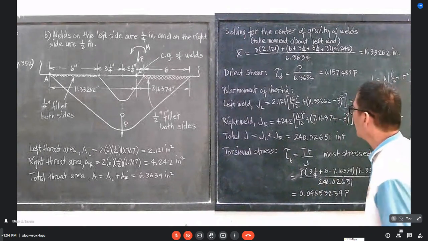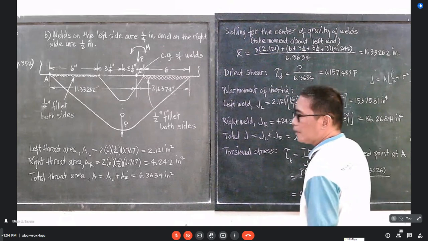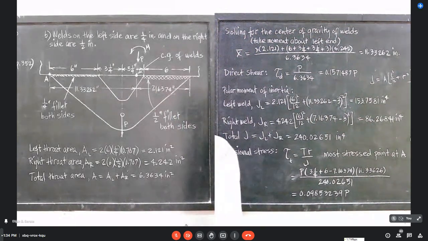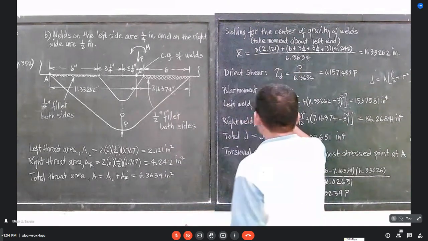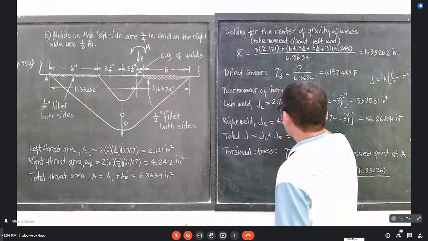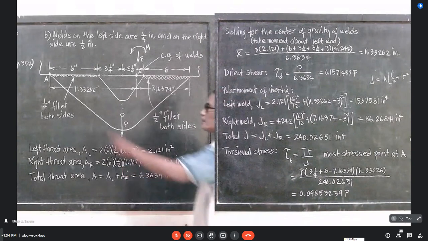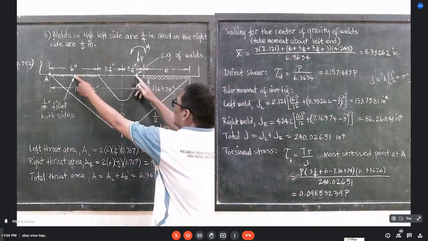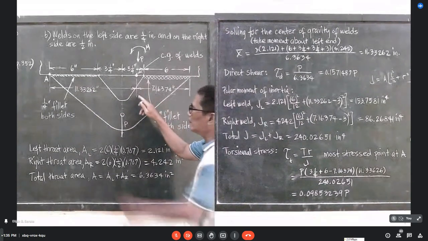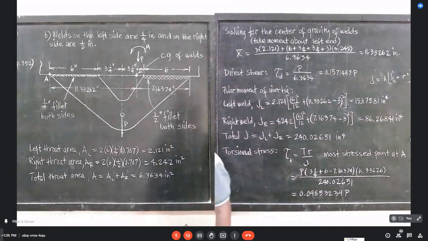So, for the left one, the reference is the center of gravity. Area is given, A. Length is 6 squared over 12 plus R squared, where R is the distance from the center of this to the center of gravity. How much is that? It is 11.3362 minus 3. Do you follow?